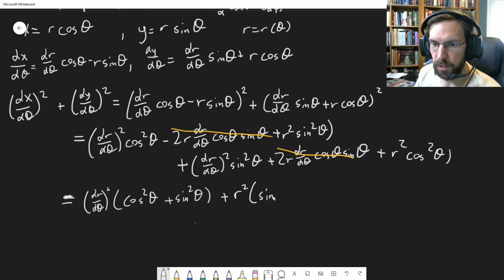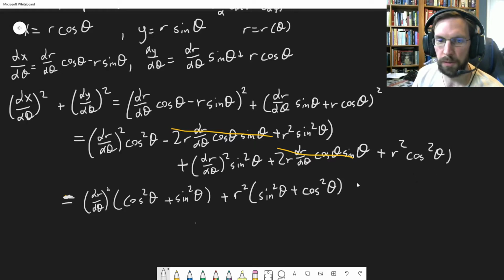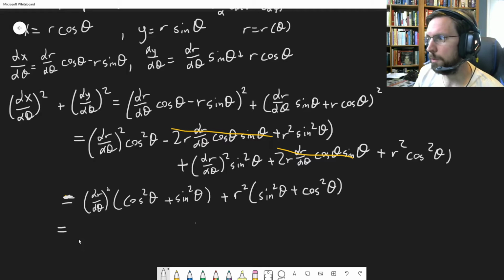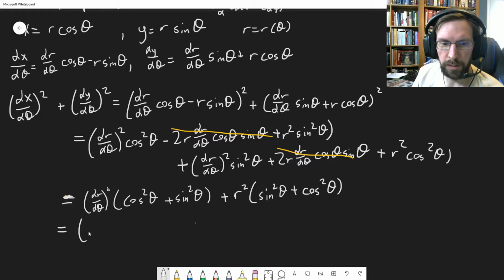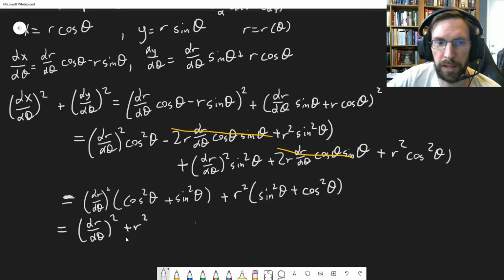Then we get a sine squared theta plus cosine squared theta. But we know what sine squared theta plus cosine squared theta is. It's just 1, so this is (dr/d theta) squared plus r squared. Okay, so that was a lot simpler than it looked in the middle.